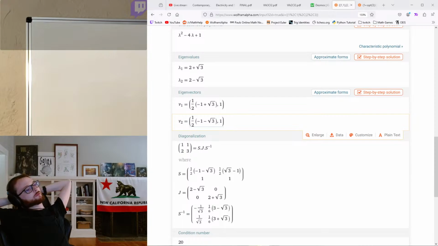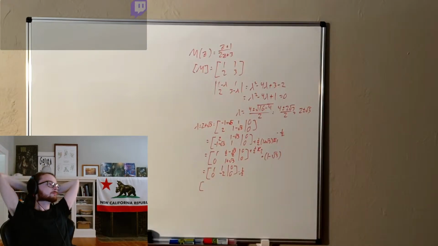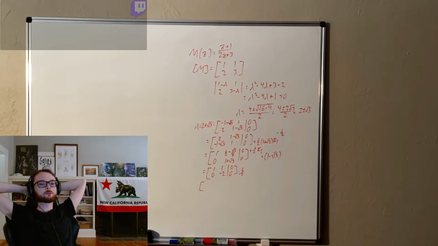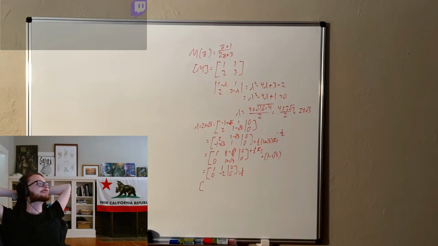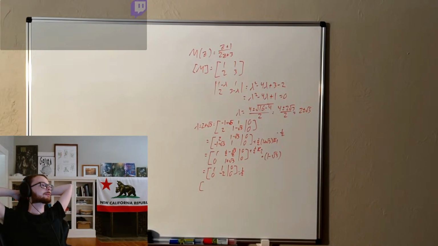I wouldn't put it past myself to have plugged in lambda equals 2 plus root 3 wrong. 1 minus parentheses 2 plus root 3.